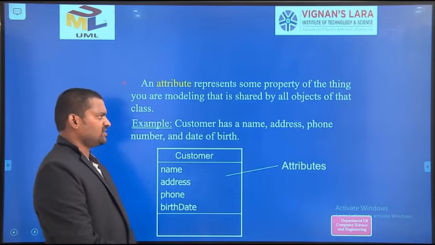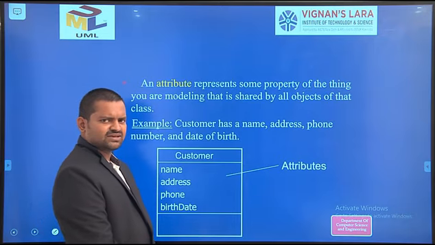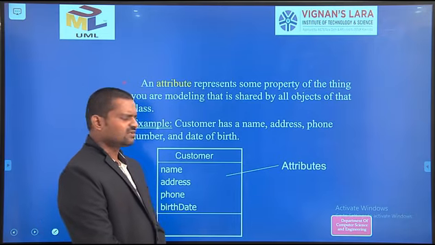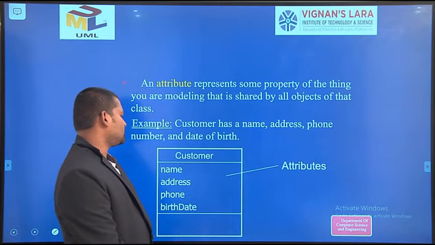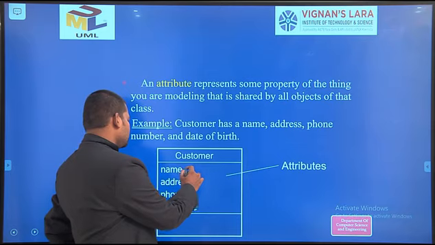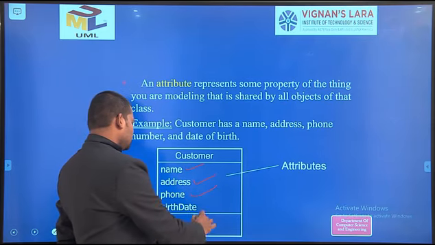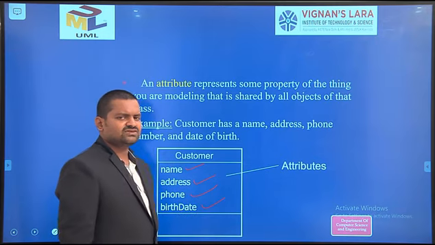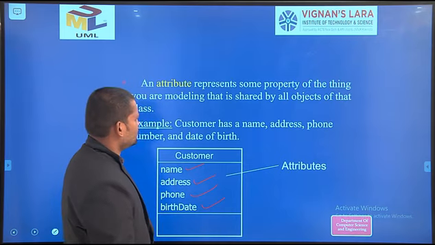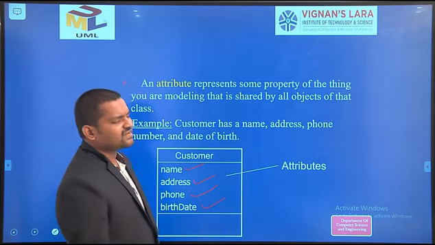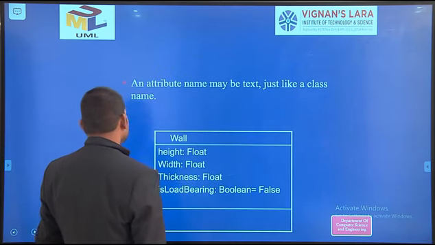Customer has a name, address, phone number and a date of birth. Customer is a class name. Here, what are the attributes? Name is one attribute, address is one attribute, phone number and birth date are also attributes. All are the attributes. Attributes represent the properties of the class which you are going to design.